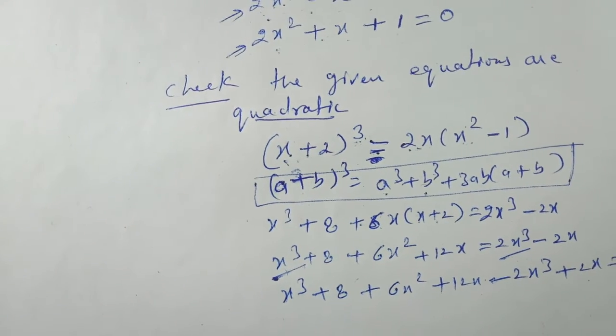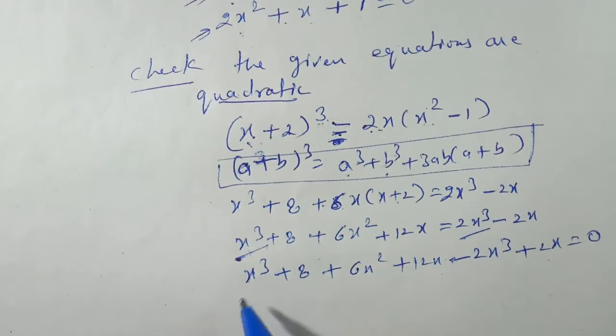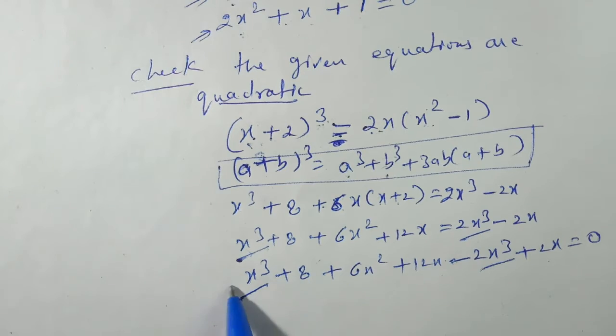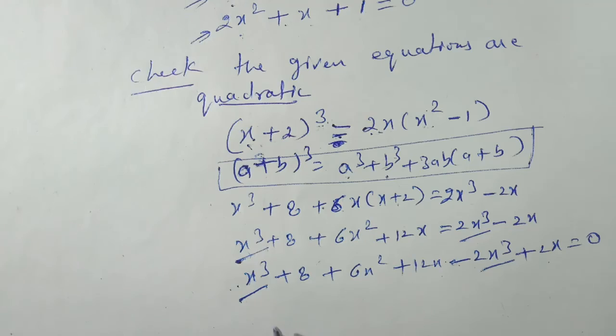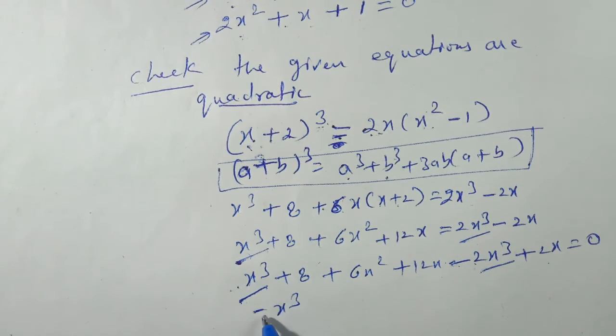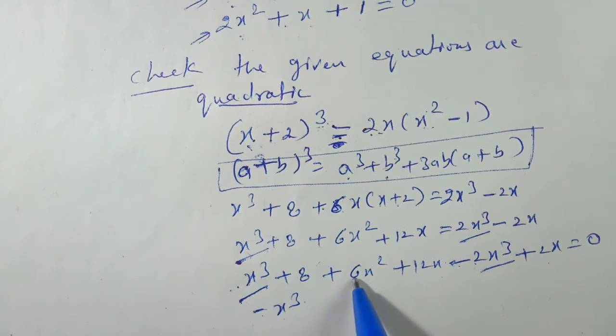So when we do the basic calculation over here, x cube and x cube are in opposite signs. Here the coefficient is 1 and here the coefficient is 2. When we subtract them, we get 1, and in negative sign, so we get minus x cube. So let us complete the calculation.